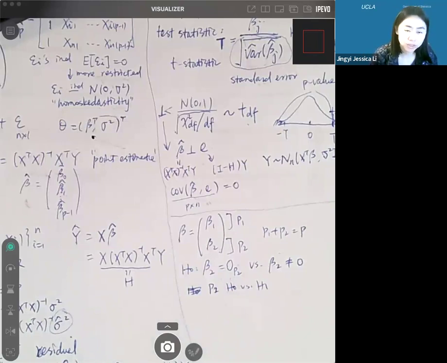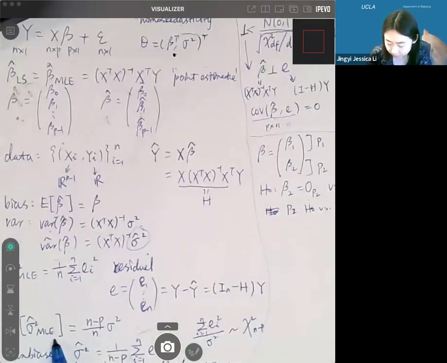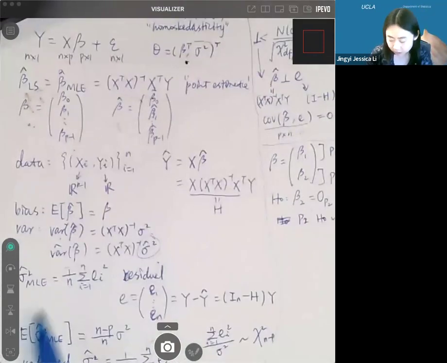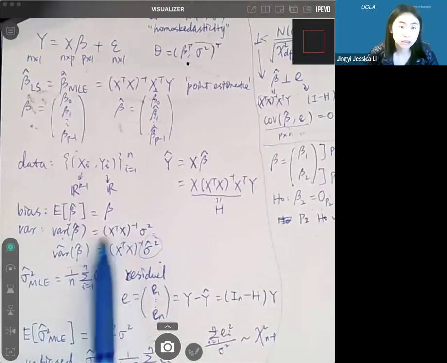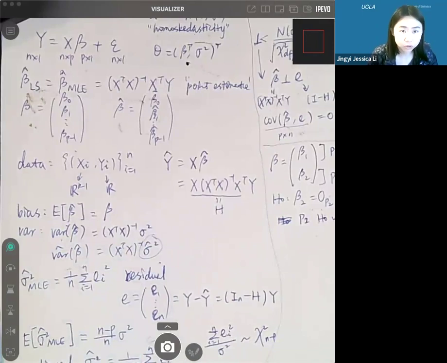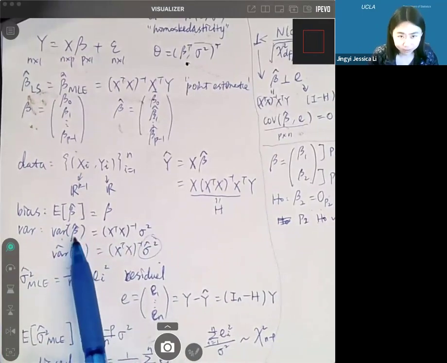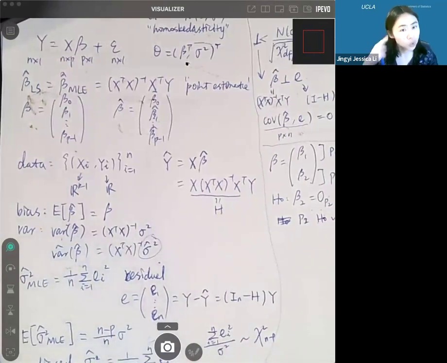You cannot assume them to be independent, because for the variance of beta hat, this P by P matrix is not necessarily a diagonal matrix. Therefore, you cannot simply say my beta j's are independent. So you will face that multiple testing issue. How do I aggregate? That is a separate issue.